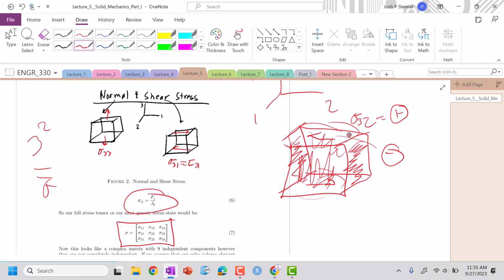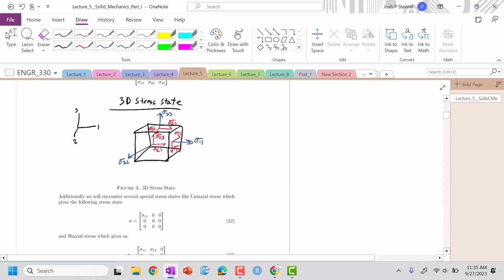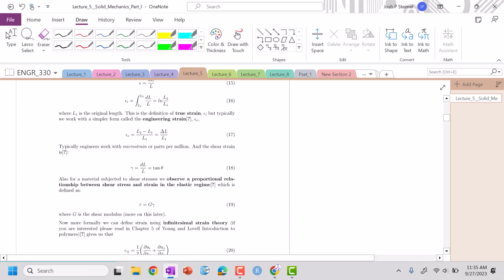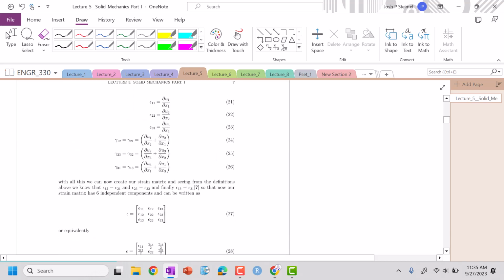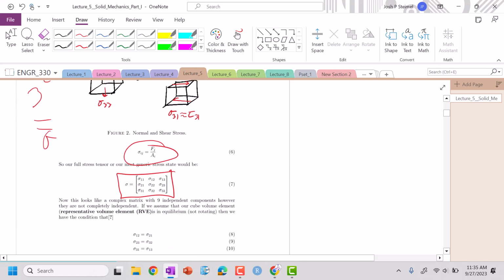So those are going to be our positive and negative surfaces that we're going to define. You just define those surfaces and make sure that you're clear on the positive and negative sense of shear stresses. There are a couple of examples, and we can go through some of them in another section here. So one thing: do we have truly 9 independent components?